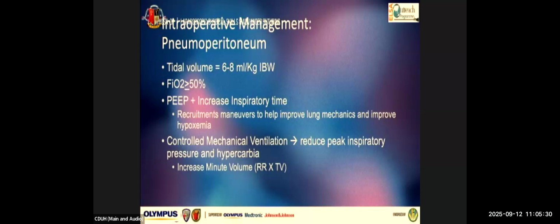And to assure adequate ventilation of the distal alveoli, you employ positive pressure, recruit the distal alveoli, prolong the inspiratory phase, and to correct the respiratory acidosis, you also correct the minute volume, which is the respiratory rate times tidal volume. So if the patient has COPD and respiratory acidosis, you increase the respiratory rate or cycle of the anesthesia machine to blow off the carbon dioxide.